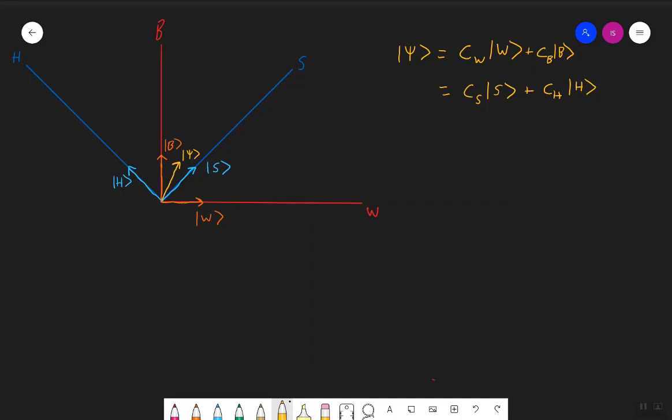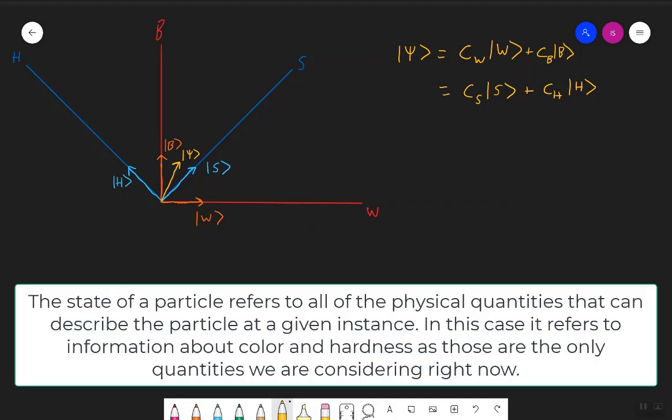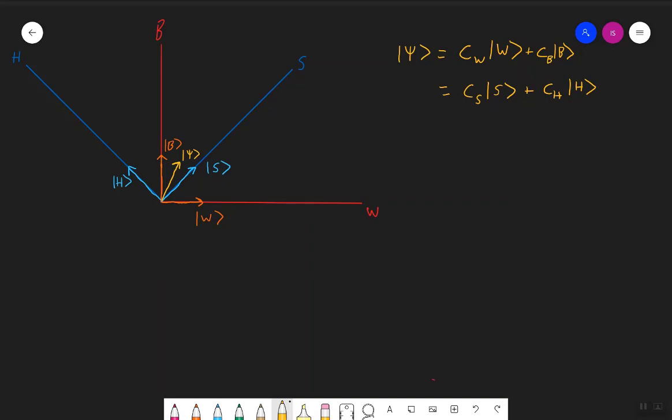Psi is going to be the vector that represents the state of a particle. So our electron, when we send it through the Stern-Gerlach apparatus, we can have it in the state psi. And these coefficients mean something very important. I will explain soon why we want it to be like this, and how we actually know that this is the expression for probability.